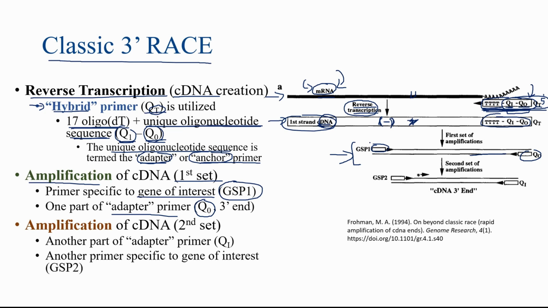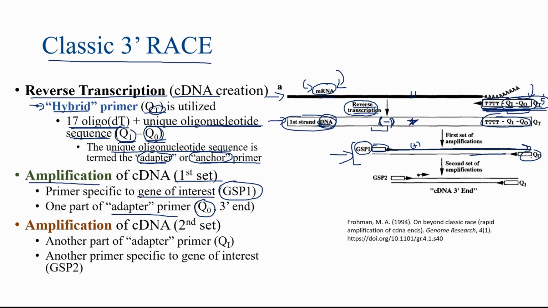But in reality, what the GSP1 primer here will anneal to and bind is a specific region in the negative sense strand of the cDNA, which is precisely this region. And it will extend this way such that it produces a positive sense strand of the complementary DNA.